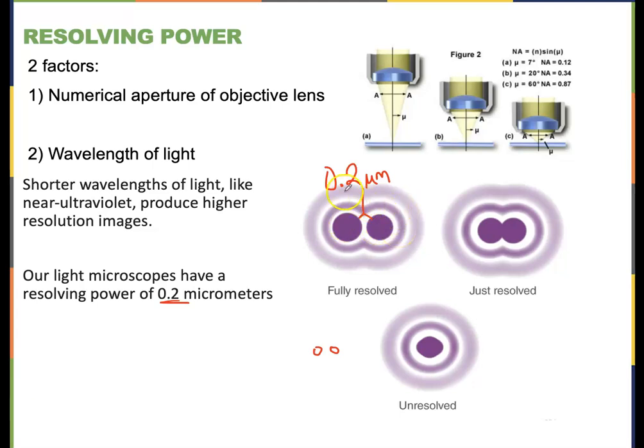If they're 0.1 micrometers or closer together, then you're going to see something a little bit blurrier, a little bit connected when they shouldn't be. Maybe you can see that they are separate cells, but it's not as good as a fully resolved image. And unresolved is where they're so close together that you're just picking them up as one big blob.